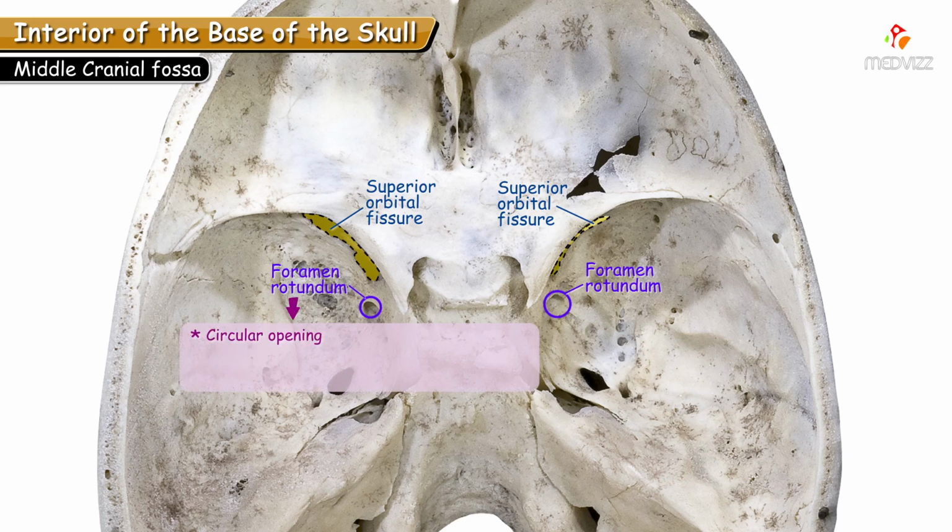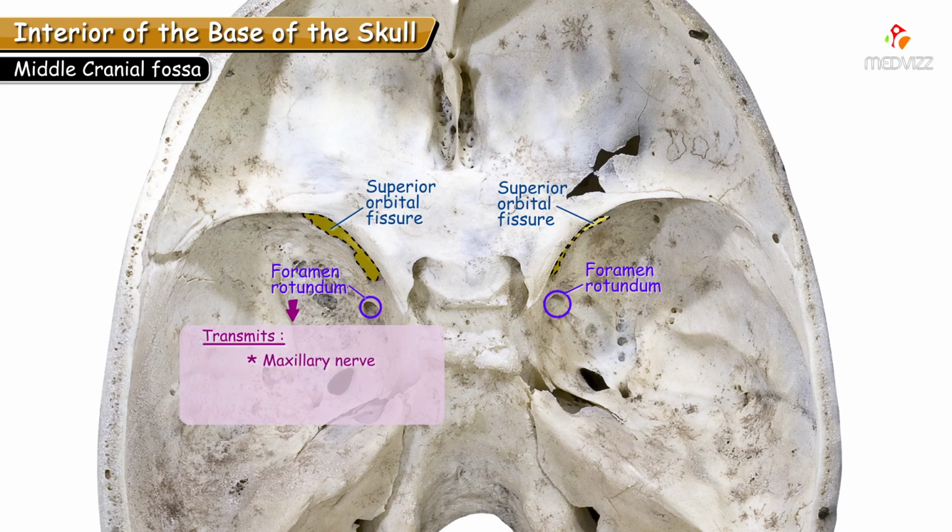This circular opening is not visible in norma basalis because it is oriented anteriorly towards the pterygopalatine fossa, the fossa between the maxilla and the pterygoid process of palatine bone. The structure transmitted through foramen rotundum is the maxillary nerve. After crossing foramen rotundum, the maxillary nerve gets dilated to form the pterygopalatine ganglion.